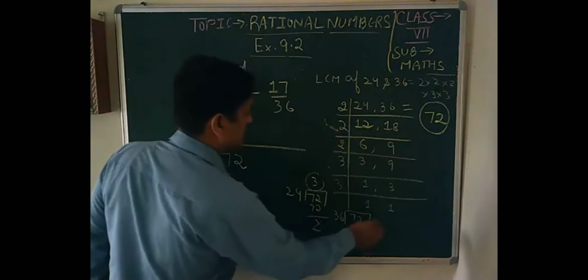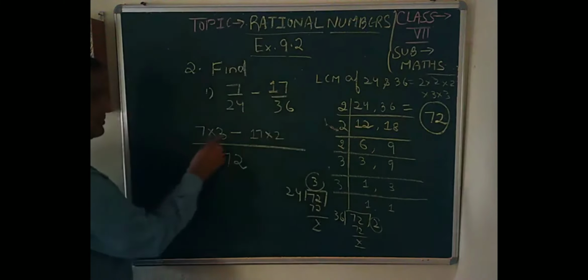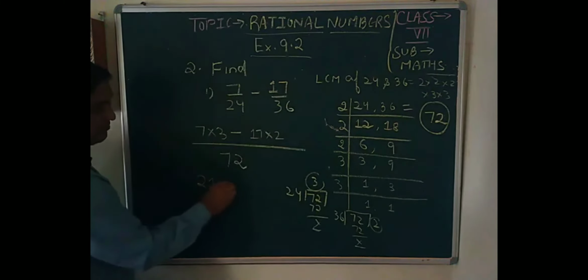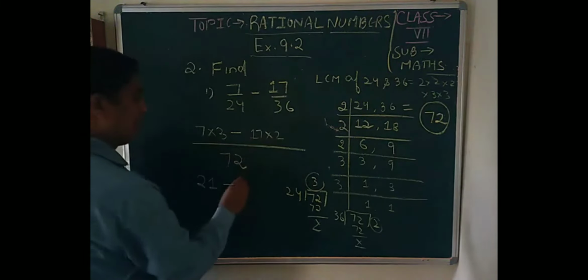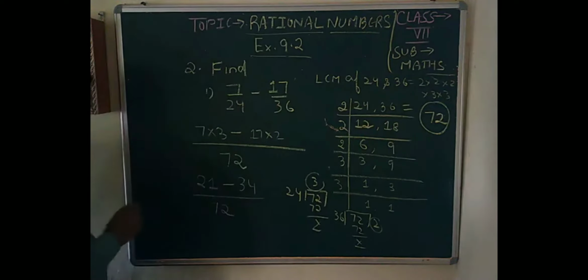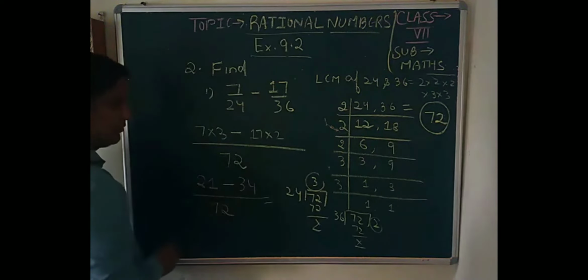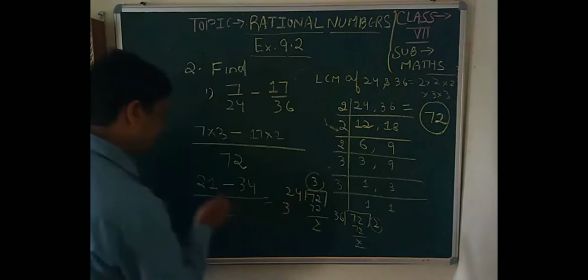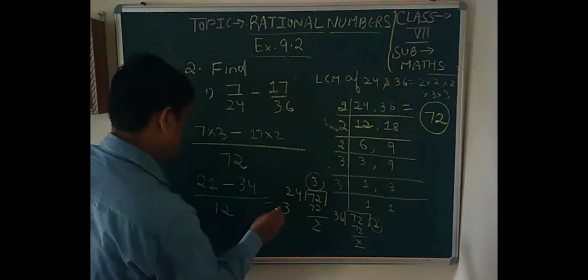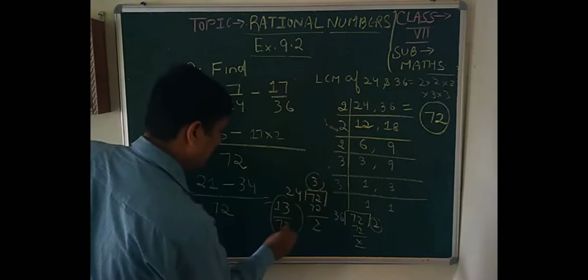Now multiply this 2 by this 17. You will get 7 3s are 21 minus 17 2s are 34 upon 72. Now if we subtract 21 from this 34, we get 13. 13 upon 72.